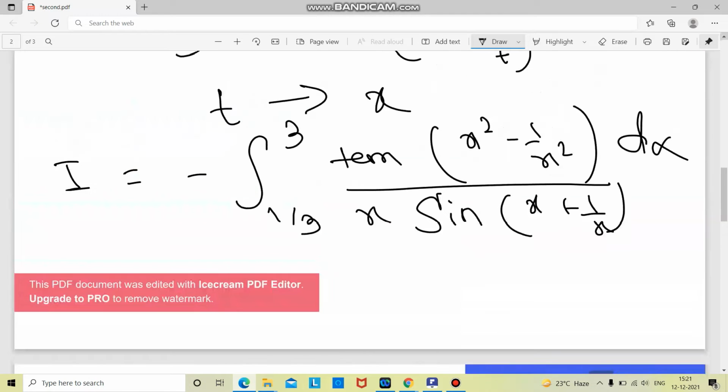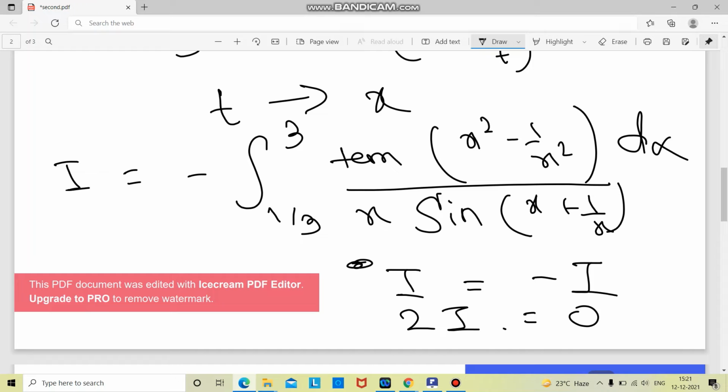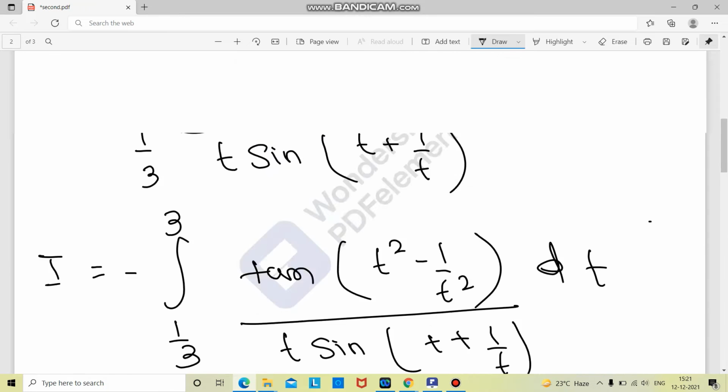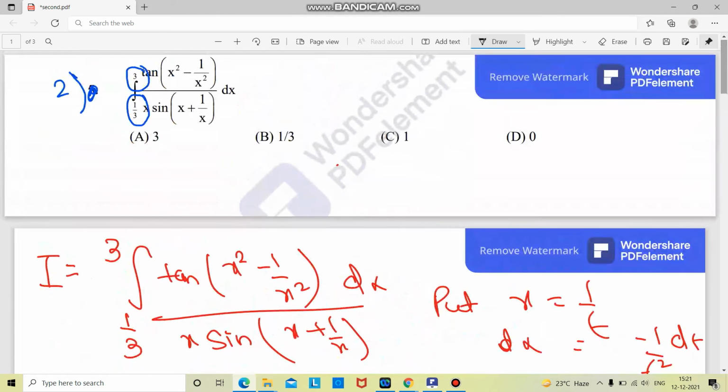And now I becomes minus times I. 2I is equal to 0 and hence I is equal to 0. So the answer to this question is 0, option D.